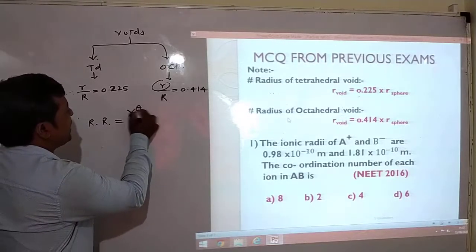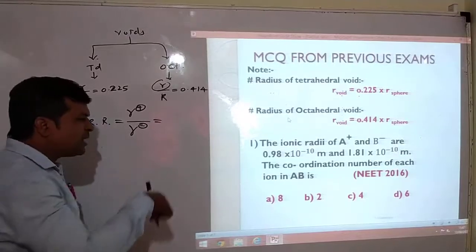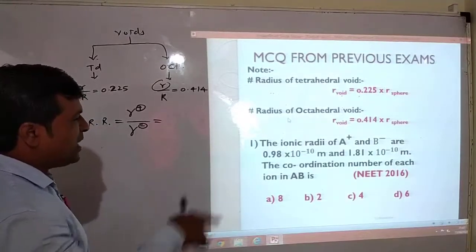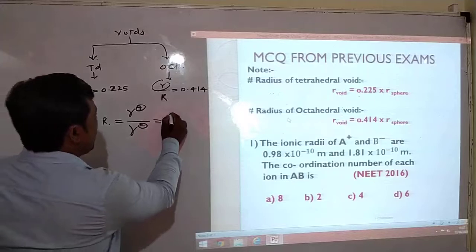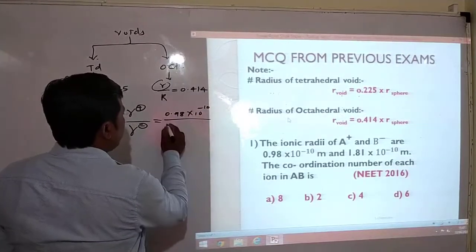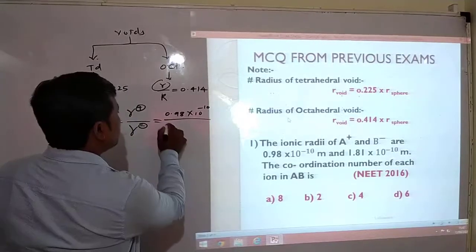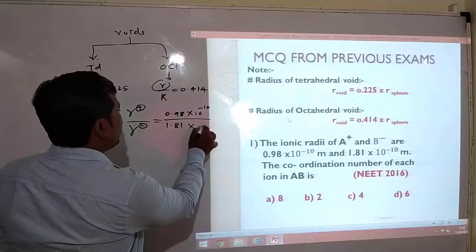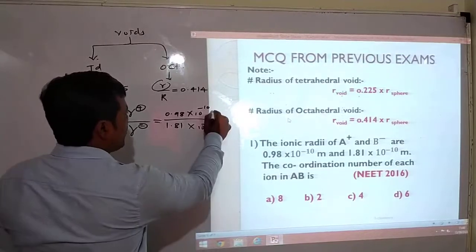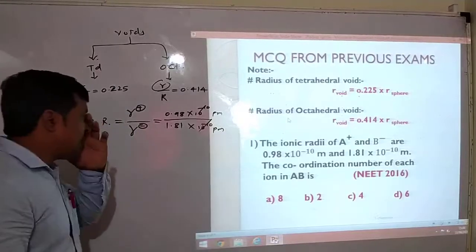So my job is to calculate the radius ratio: radius of cation divided by radius of anion, that is radius of A plus divided by radius of B minus. It is 0.98 into 10 raised to minus 10 for A plus and 1.81 into 10 raised to minus 10 for B minus. The powers of 10 cancel.